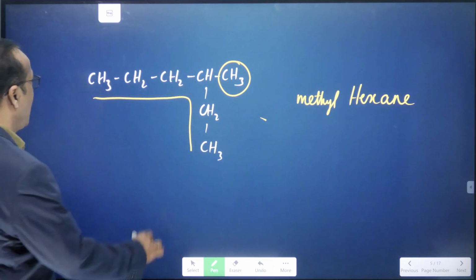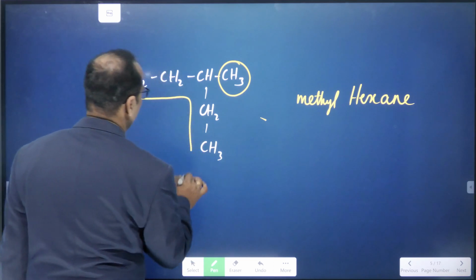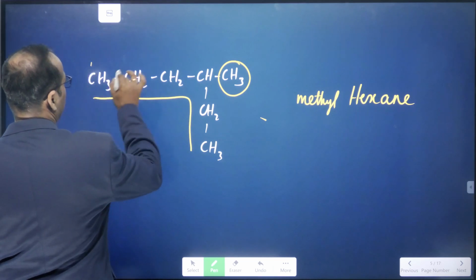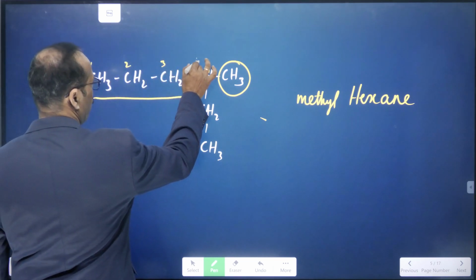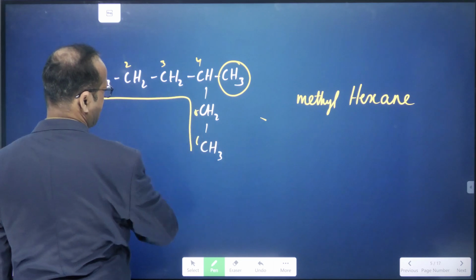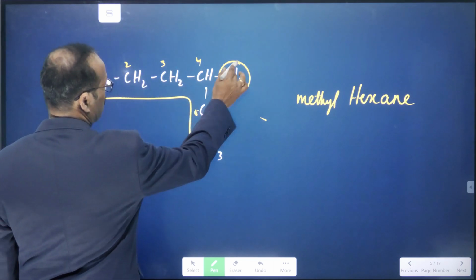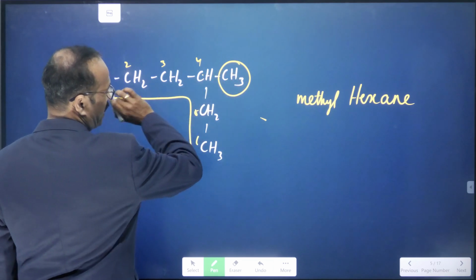So I have taken this chain, and I will give the numbers in two ways. There are 6 carbons. If I go in this direction, 1, 2, 3, 4, this methyl group is attached to the 4th carbon.